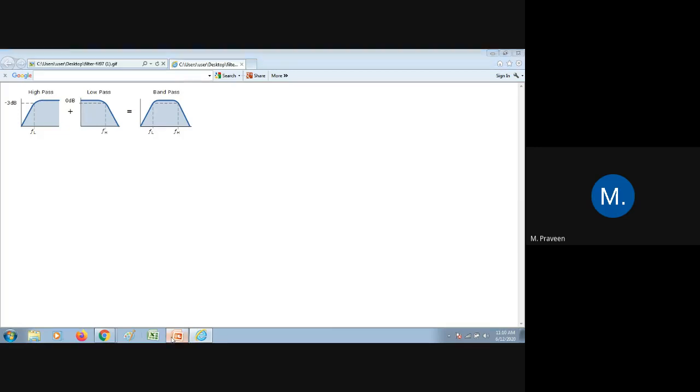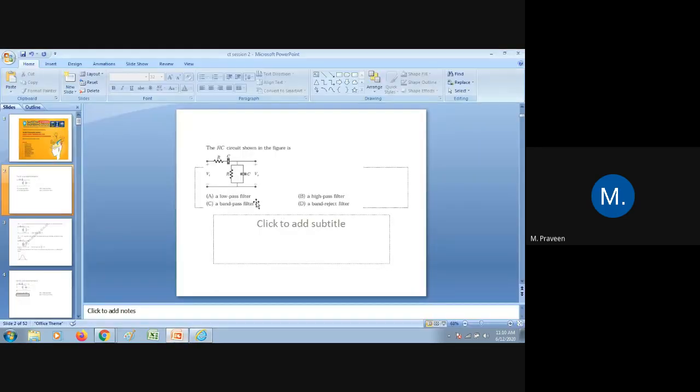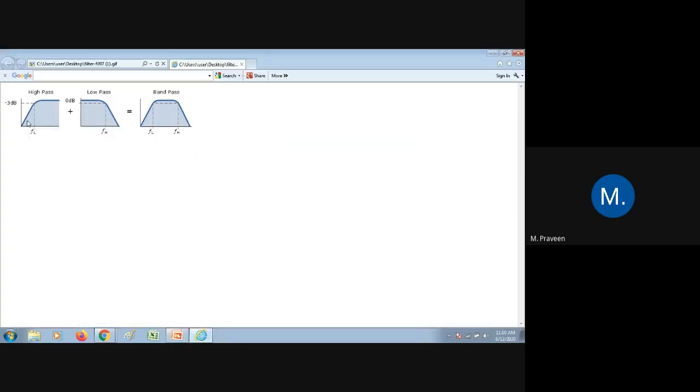If you take this diagram, the first part is the high pass filter and the second part is the low pass filter. The response of the high pass filter will not allow the low frequency, therefore it will start from above the low frequency.